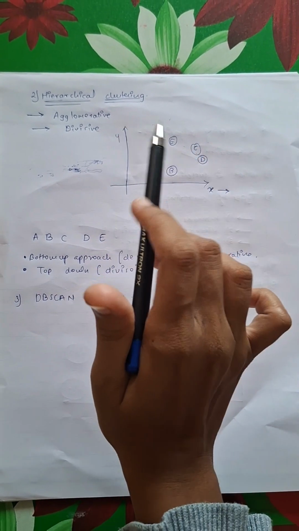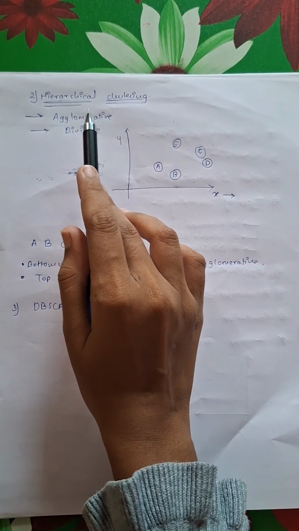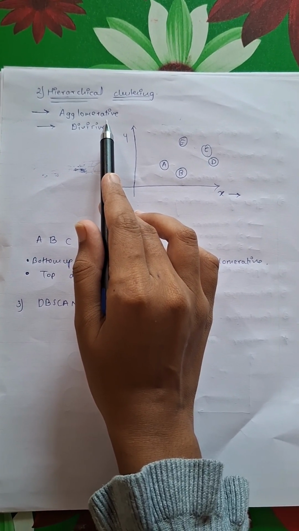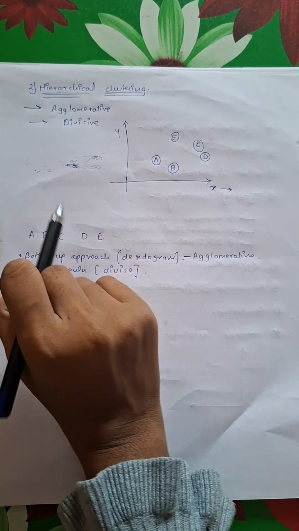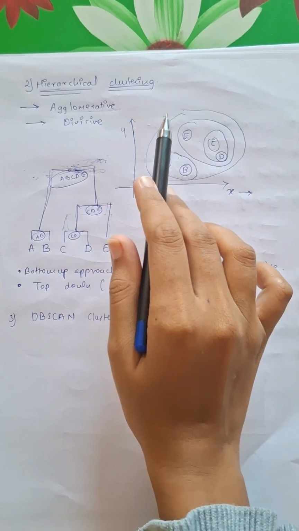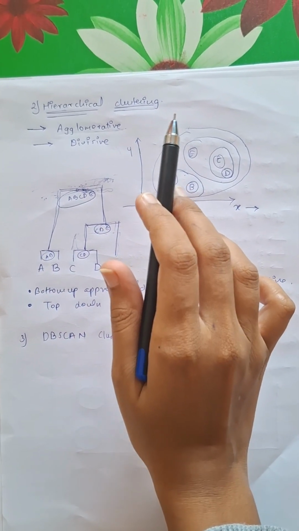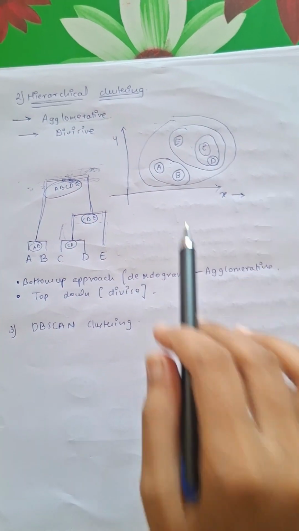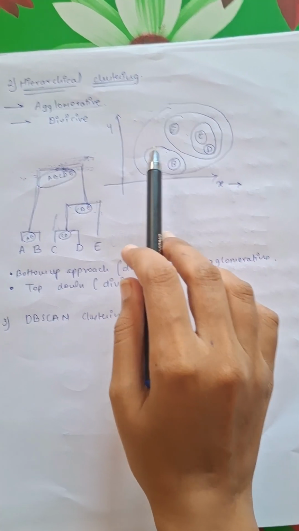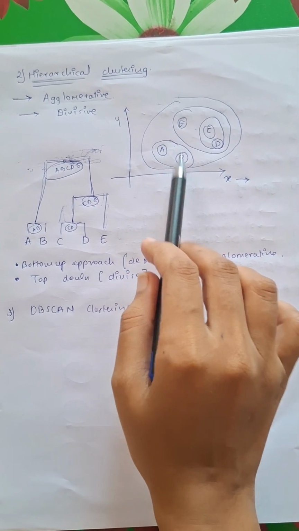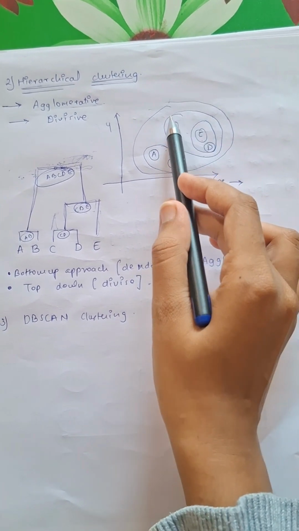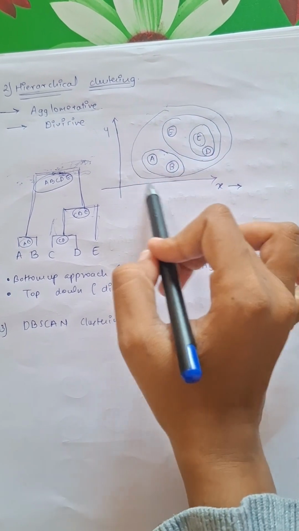There are two types in hierarchical clustering, that is agglomerative and divisive. So what does this actually mean? As I told you, these two are the nearest points, so we take this as one cluster and CD as a second. We can make this cluster the third and this one the fourth.